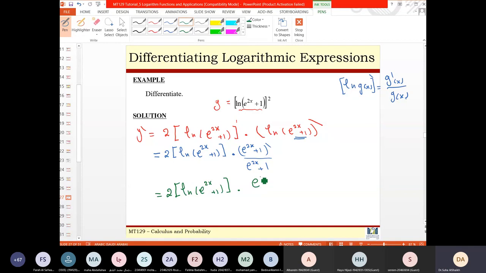The derivative of the exponential is itself, multiplied with the derivative of what is inside, which is 2. The derivative of 1 is 0, divided by exponential of 2x plus 1, and we are done. Clear?